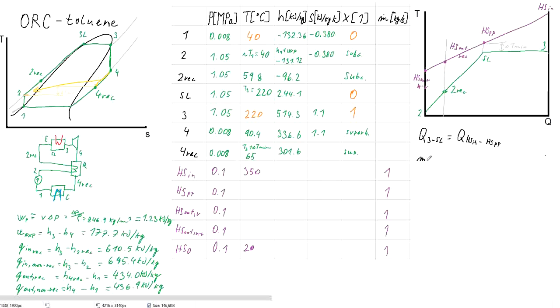So the mass flow rate of the ORC times the enthalpy difference H3 minus H_SL is the mass flow rate of the heat source, specific heat capacity of the heat source, and temperature difference heat source in minus heat source pinch point.